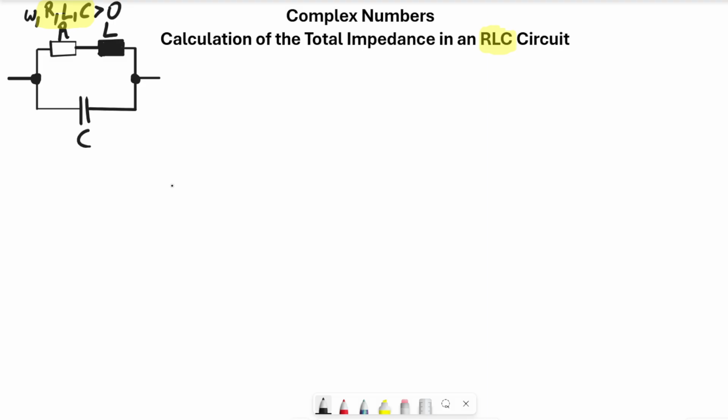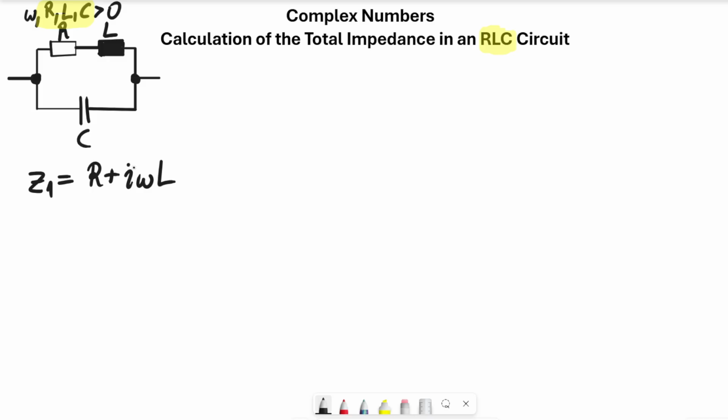Okay, what is the total impedance of R and L in series, which I call complex impedance Z1. So it's just R plus I omega L. In electrical engineering, you will actually write here a J, so that there is no misunderstanding with the current I, but in mathematics, we use I for the imaginary number.